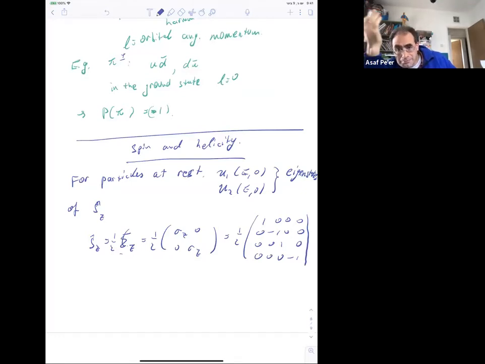But as one of you noticed, obviously this is not the case in the general case of particles which are not at rest. If the particles move somewhere, then they're not eigenstates of S_z.